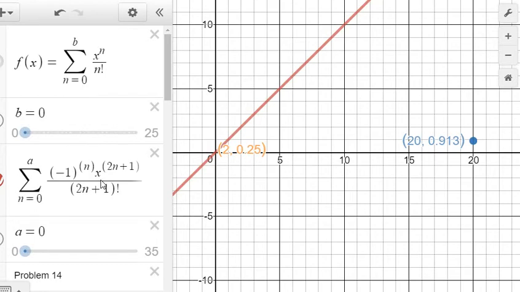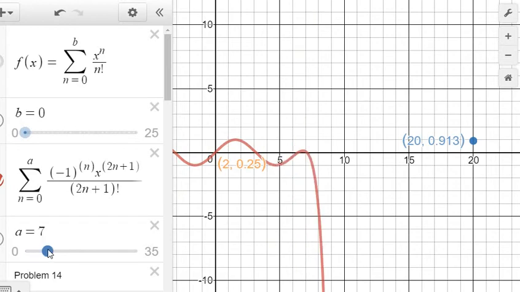So let's dial that down. There's essentially a tangent line, a first-degree polynomial approximation. Let's add in some terms. How many terms do I have to add before I get a good approximation? So I'm at 15 terms. Do you think this polynomial is going to give me a good approximation to the sine of 20?